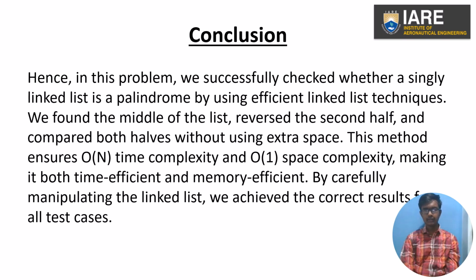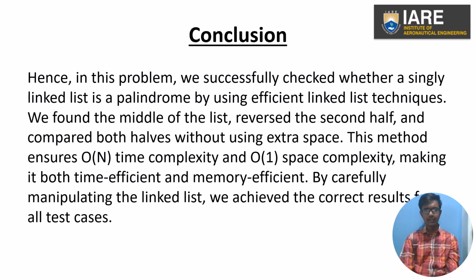By concluding this topic, we successfully checked whether a singly linked list is a palindrome or not by using certain efficient linked list techniques. In the code which we had executed, we found the middle part of the list, reversed the second half, and compared both of the halves, the first half and the second half, without using any kind of extra space.